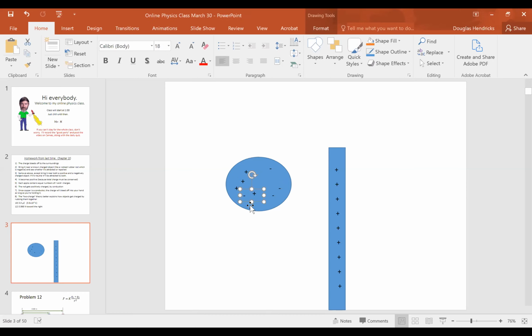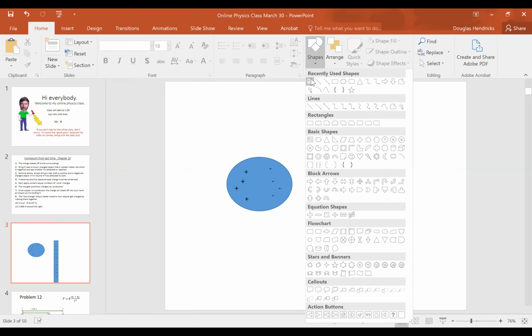When we bring this positively charged rod next to it, the minus charges all move as close as they can get. The plus charges all move as far away as they can get. It's still neutrally charged, but here's the key.